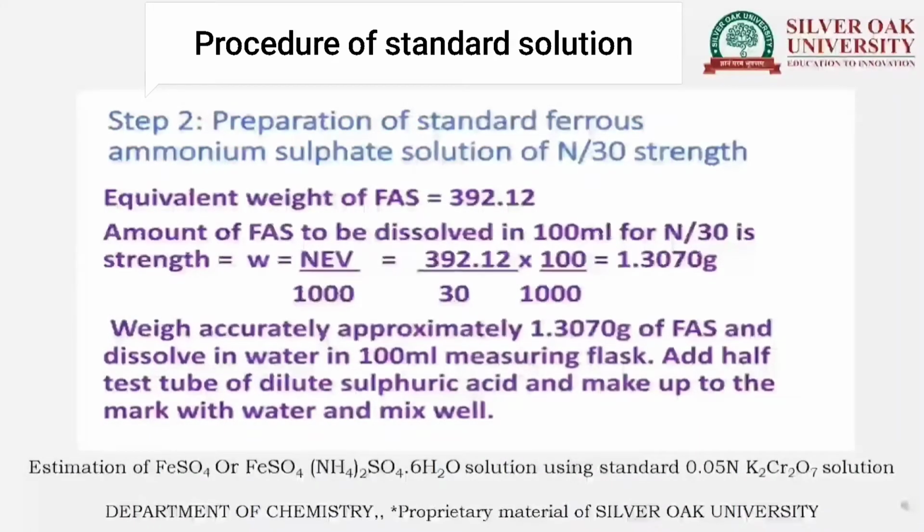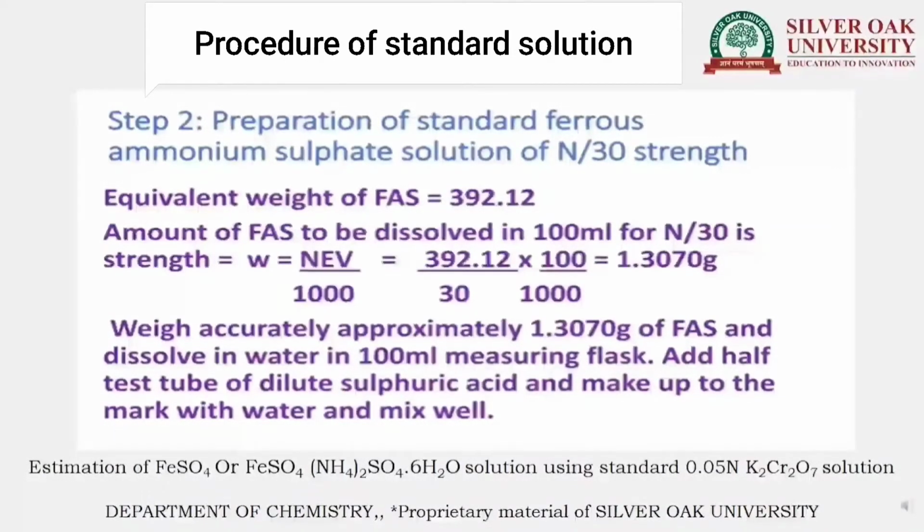Step 2: preparation of standard ferrous ammonium sulfate solution of N by 30 strength. Here our equivalent weight of ferrous ammonium sulfate is 392.12. So the amount of ferrous ammonium sulfate to be dissolved in 100 ml for N by 30 strength can be calculated by this formula: W is equal to N E V by 1000.